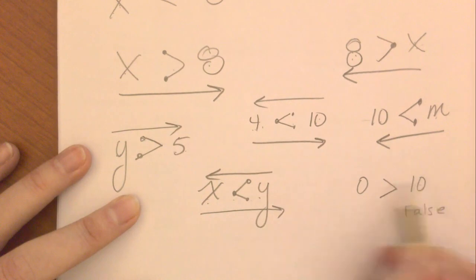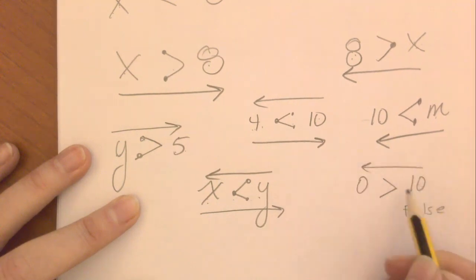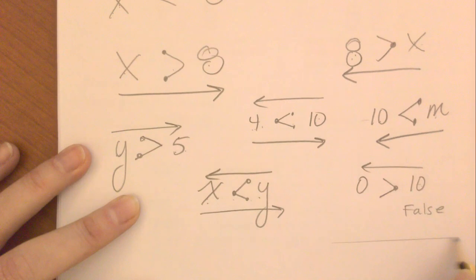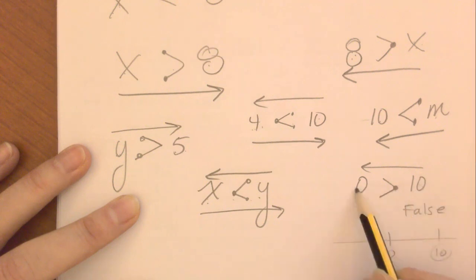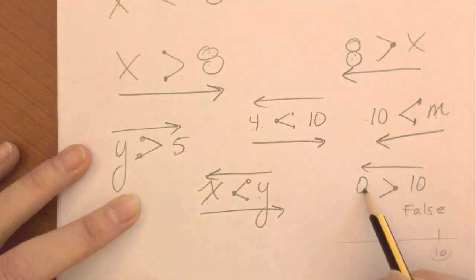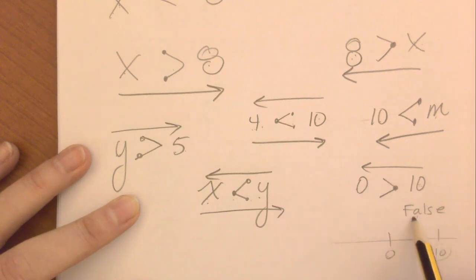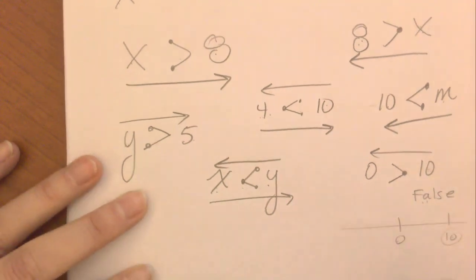Let's read it this way. 10 is, I touch the small side first, 10 is less than, if I do a number line, 0 is here and 10 is here. 10 is bigger than 0, but here I said 10 is smaller than 0. I can say that, but it doesn't make it true. That's false. I can say, I am wearing a black shirt, but I'm not. It's false. I can still say it. And I can make false statements.